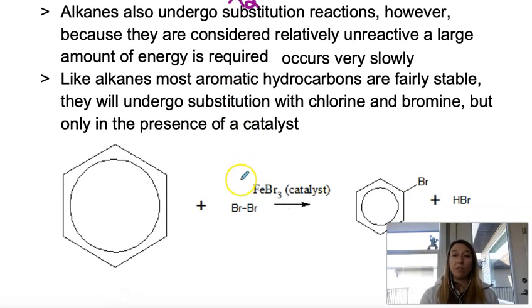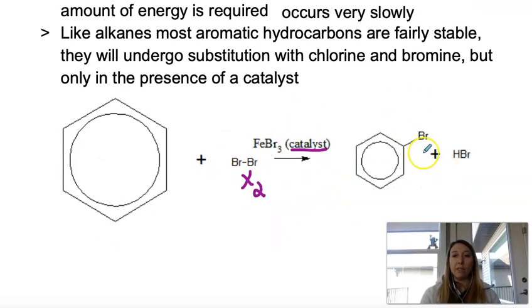Same thing you'll find for aromatics. If I have benzene, I can do a substitution on it, but same deal. It has to be that X2 molecule, and there has to be this catalyst. And just like with an alkane, you can see here, even though there are two bromines, only one of them actually got to go in.